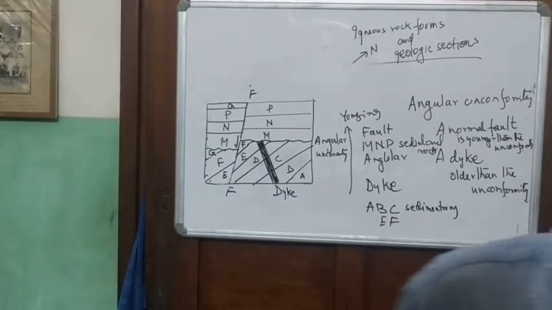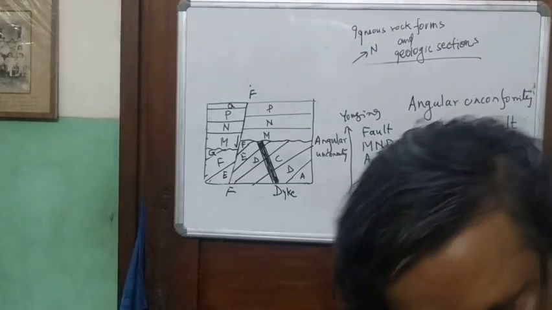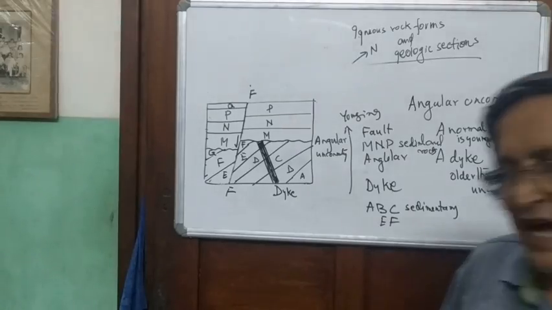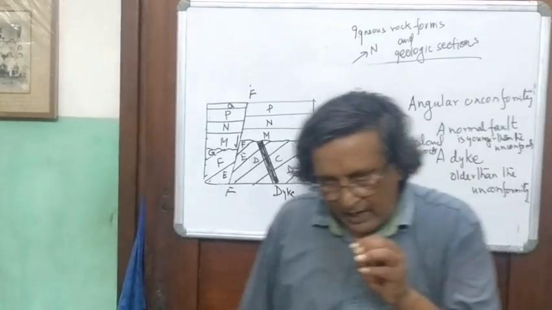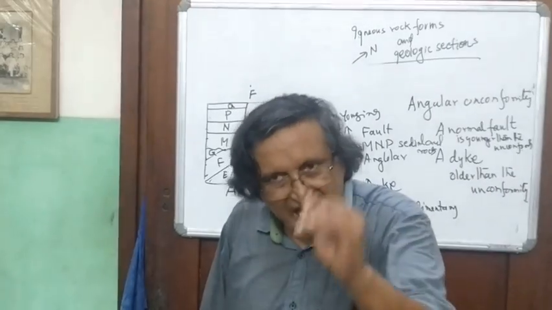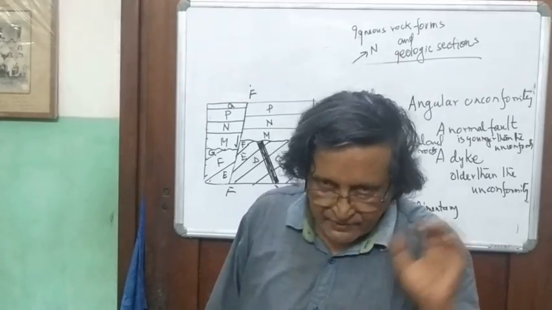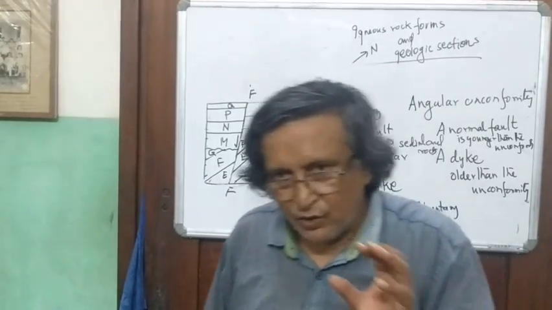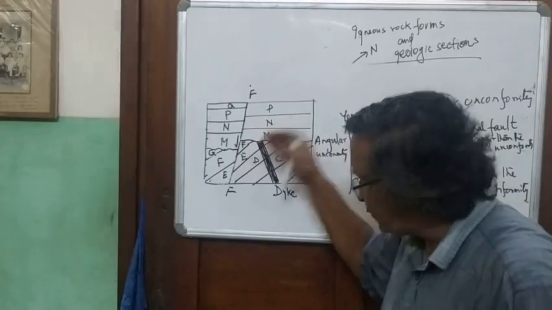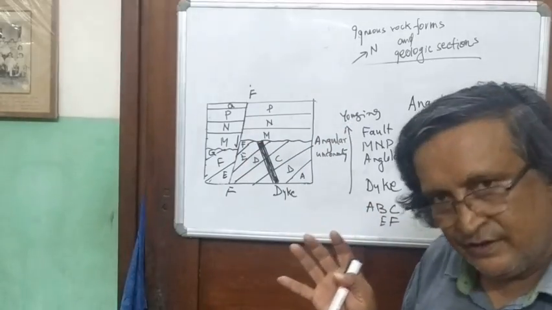We can do it on plan view, we can do it on section view. You're not very trained in geological maps, which can be very complicated, so I am showing it on a geologic section for you to understand.